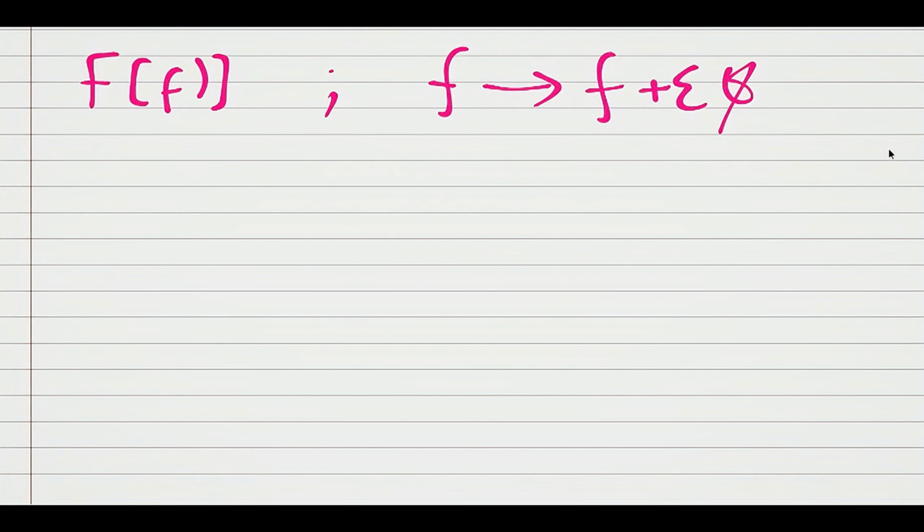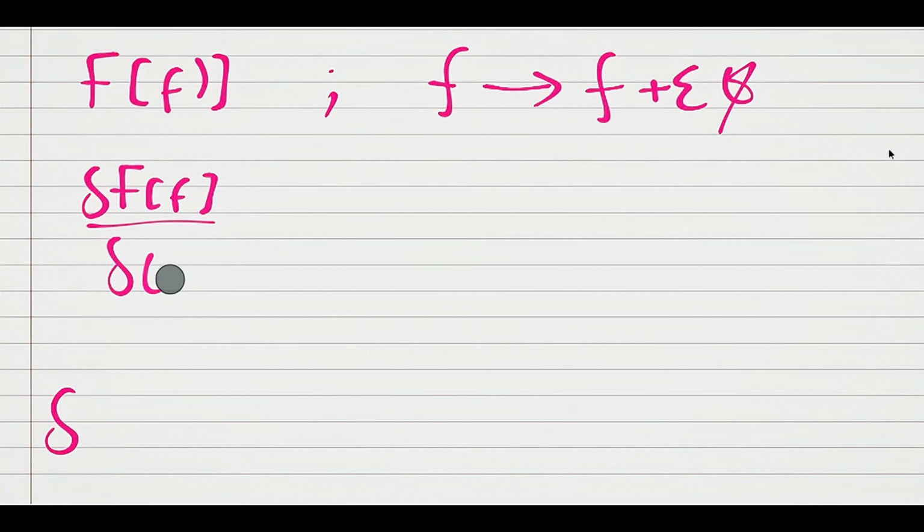So we can see the scenario here, and similar to what we have written for the derivative of functions, we can write the functional derivative of the functional. We use this type of symbol to write down the functional derivative, and it is, for example, with respect to phi.